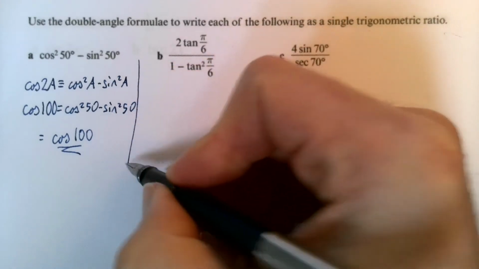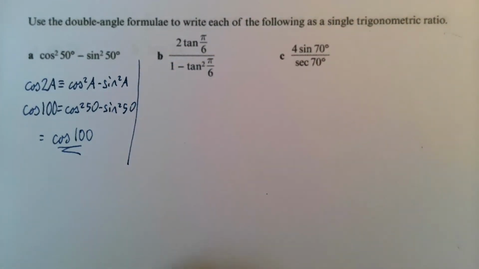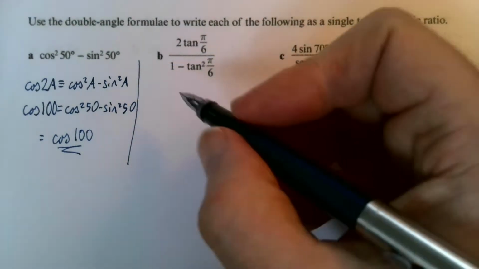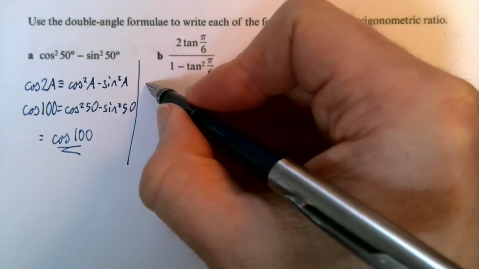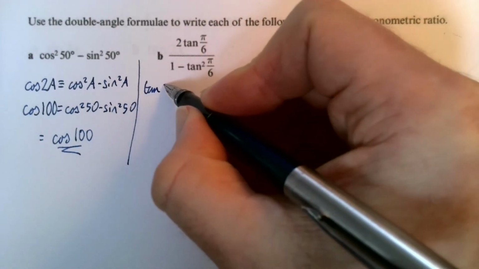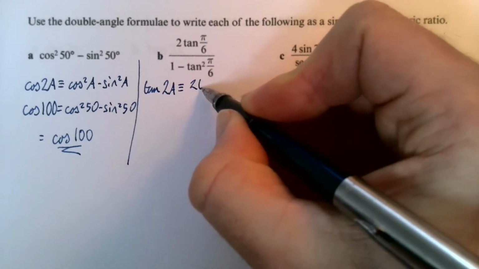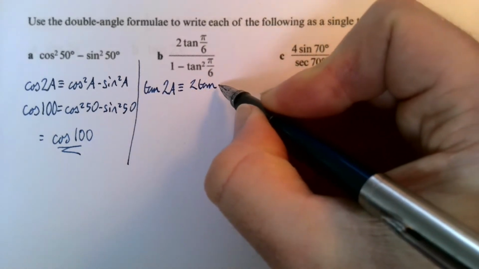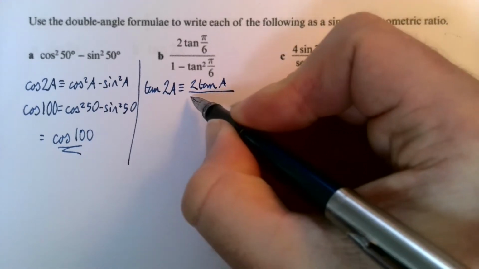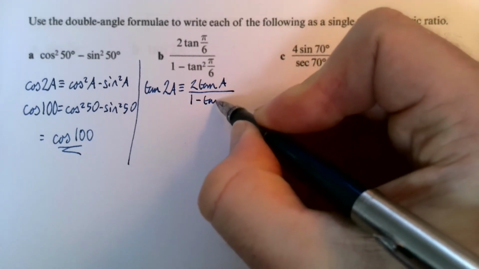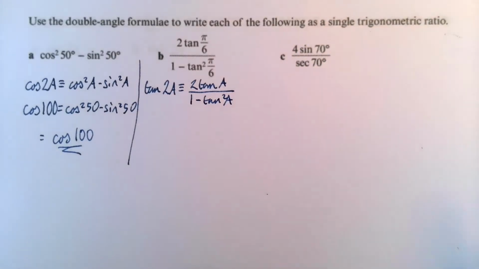The second one here, we're going to be using the tan. So we know that tan 2a is identical to 2 tan a over 1 take tan squared a.